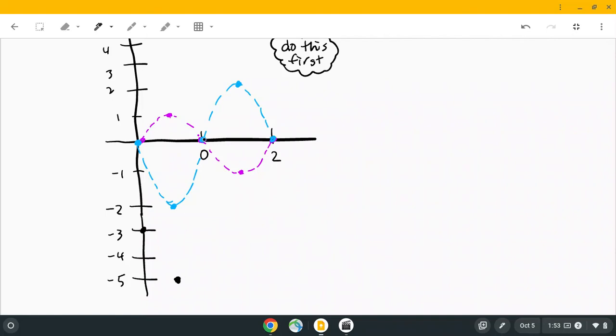And this blue point, down 3 units. 1, 2, 3. And this blue point, 1, 2, 3. And this blue point, 1, 2, 3. So we see that blue wave gets shifted down 3 units. That blue wave, the whole wave, gets shifted down 3 units. Okay?